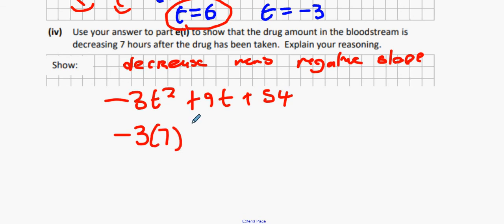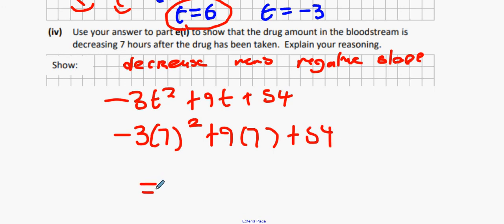So if somebody's quick on the calculator, that'll be awesome. Put that into the calculator. Let me know. We're expecting a negative answer. Was it? So it's a decrease of minus 30 units per hour. Your drug in your system is decreasing as time goes on.